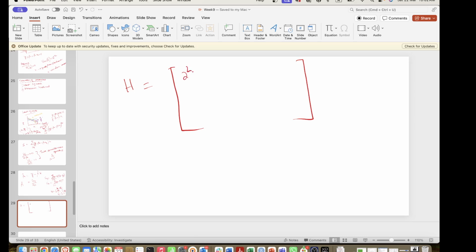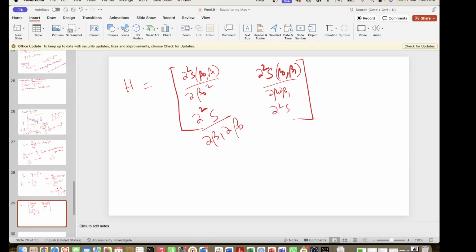So here we would have del square S by del beta naught square, here del square S by del beta naught del beta 1, here del square S by del beta 1 del beta naught, and here del square S by del beta 1 square.